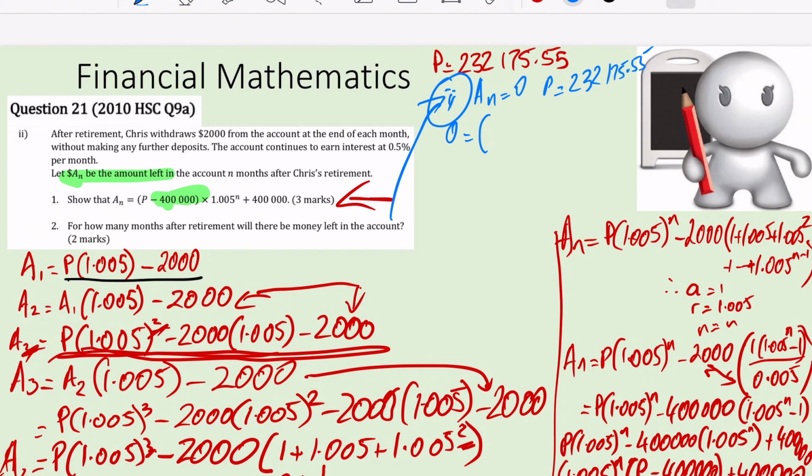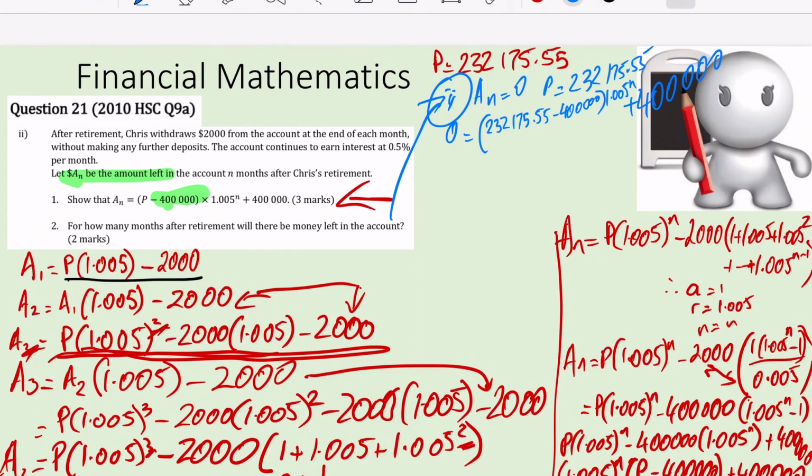So what we are now going to solve is this equation: 0 equals (232,175.55 minus 400,000) multiplied by 1.005^n plus 400,000.